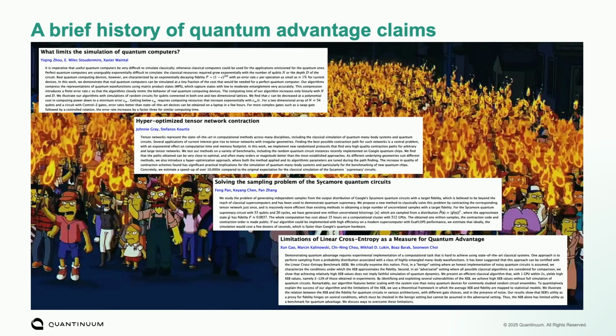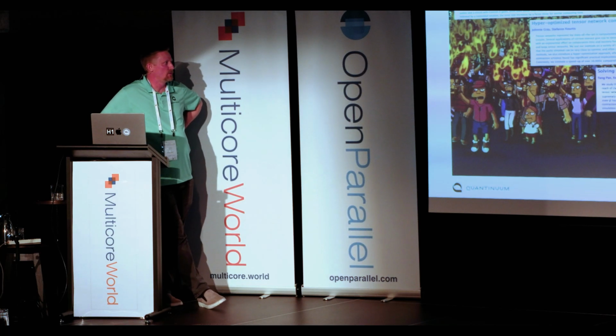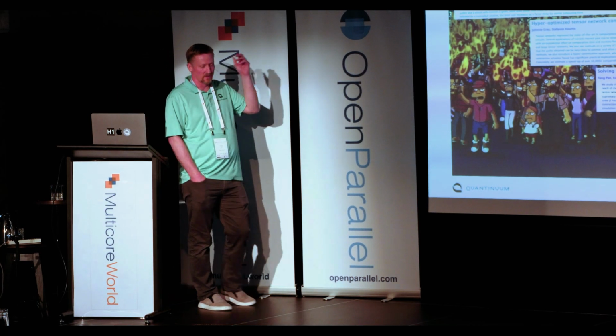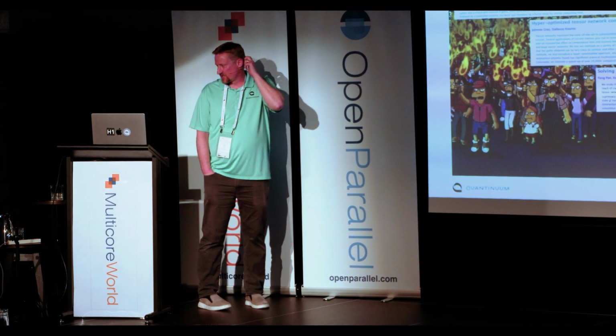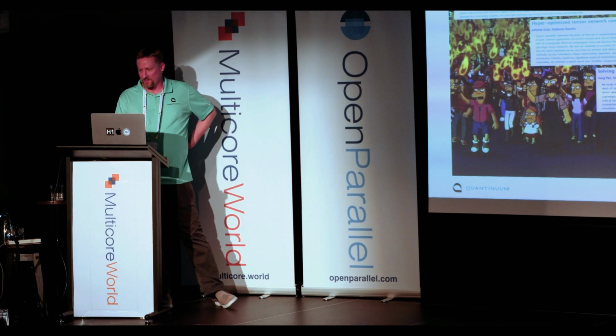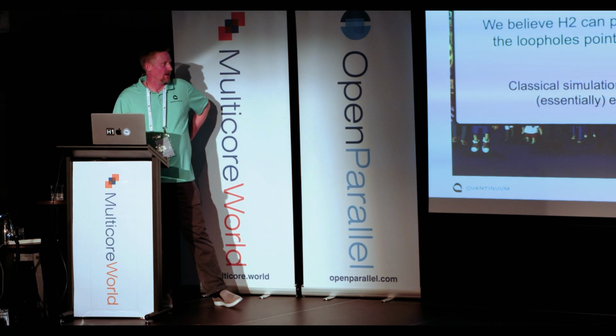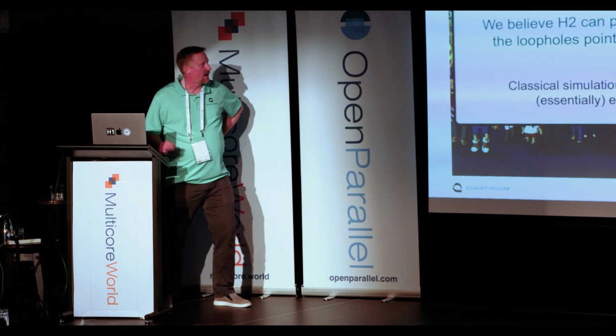But since then, they had an improved paper in 2023. We had one in 2024. They just had one a few months ago with their new Willow chip. And I think the bottom line is those are going to be much more difficult to spoof with classical computers. We have a lot of caveats because this is how we talk.